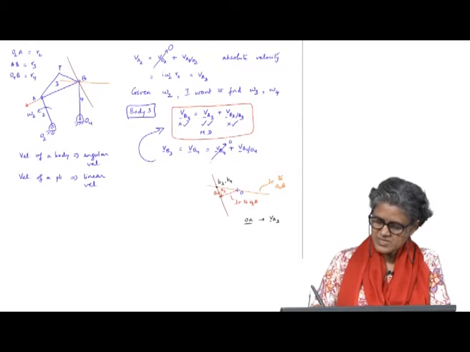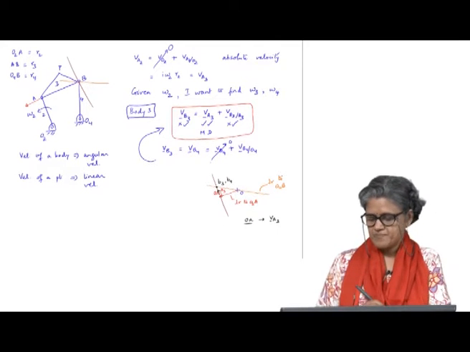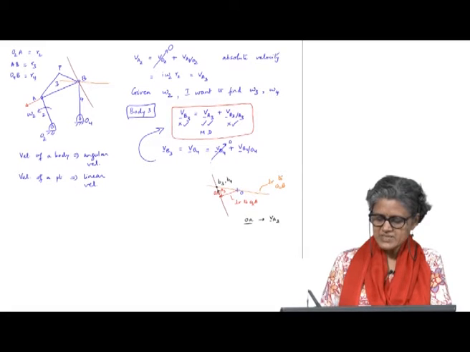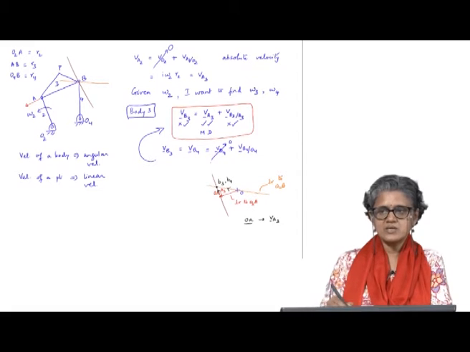So this plus this, if I put the arrow like that, should give me this, that is my equation here.